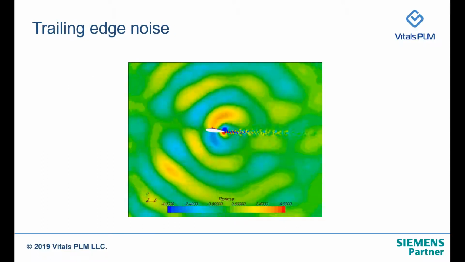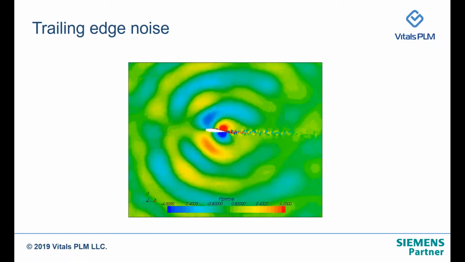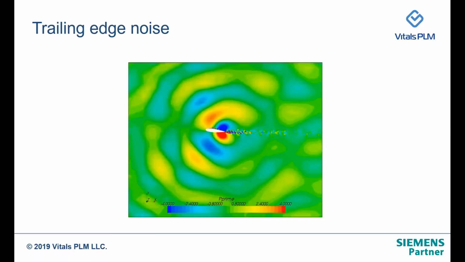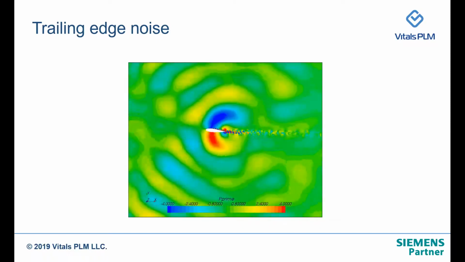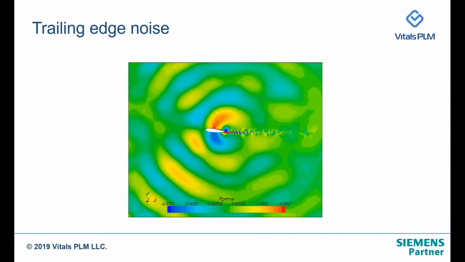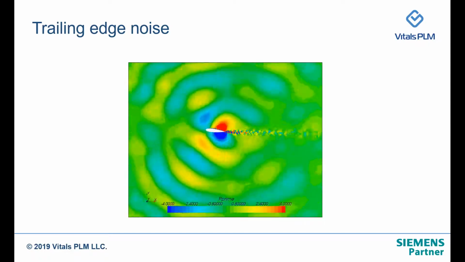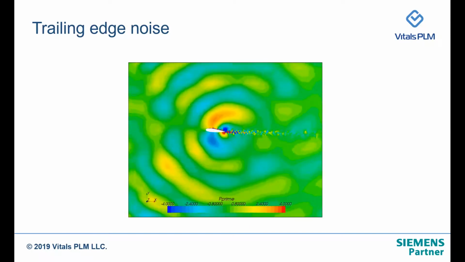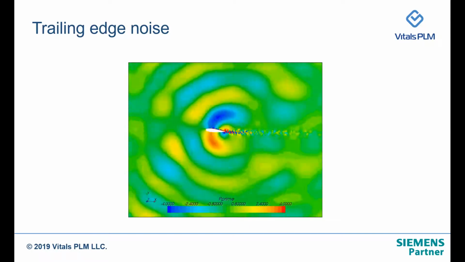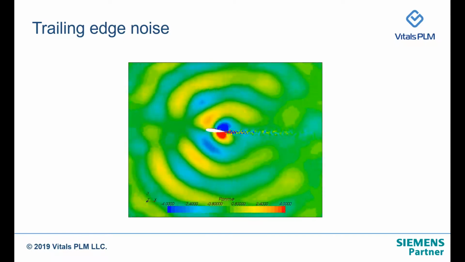And similar to the leading edge noise, there is trailing edge noise. Here in this example, we see a flow over an aerofoil, and we see small tiny structures on the upper side of the aerofoil, and these structures are generated as a result of the transition of the flow from laminar to turbulent by a mechanism called Tollmien-Schlichting waves.